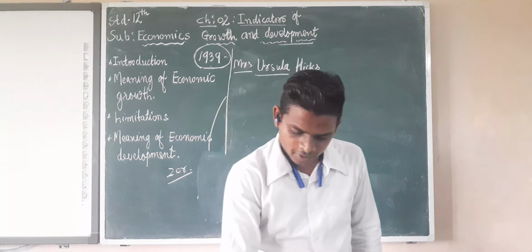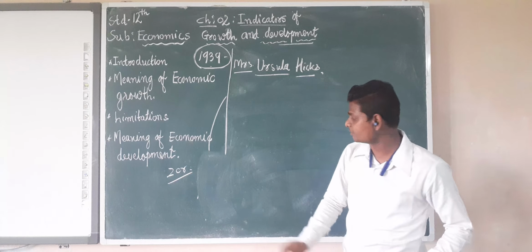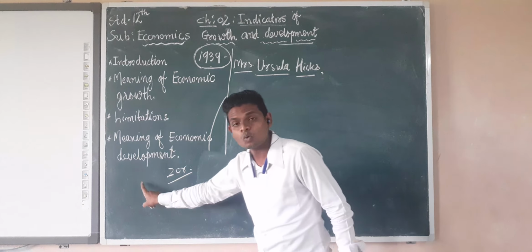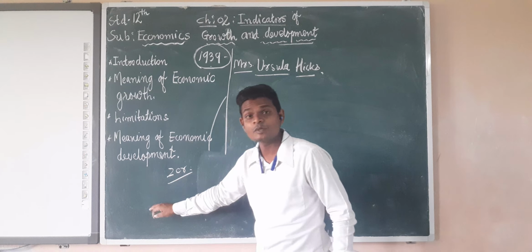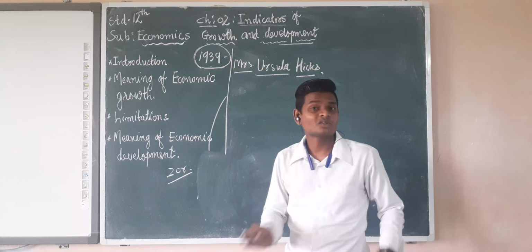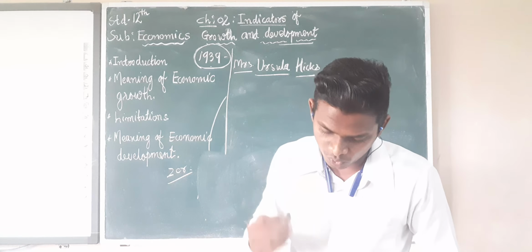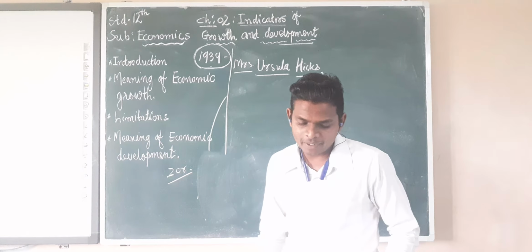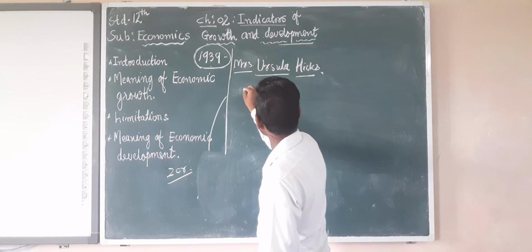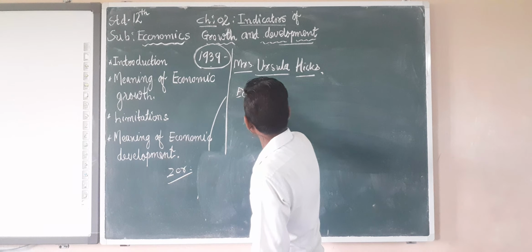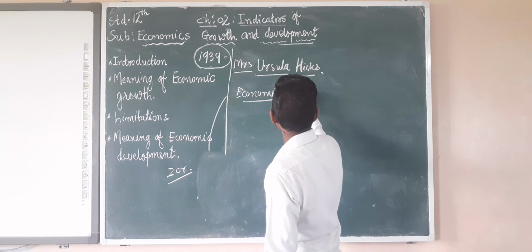The solution for the economic problem. Which are the economic problems that we have just discussed? Poverty, unemployment, then the difference between the income of rich and poor. These are the problems that developing countries are facing. So the solution for the economic problems of developing countries is economic development.